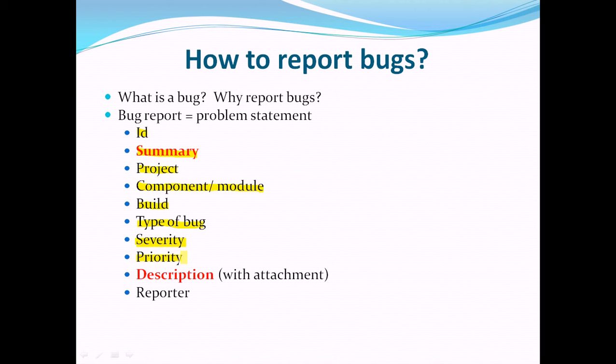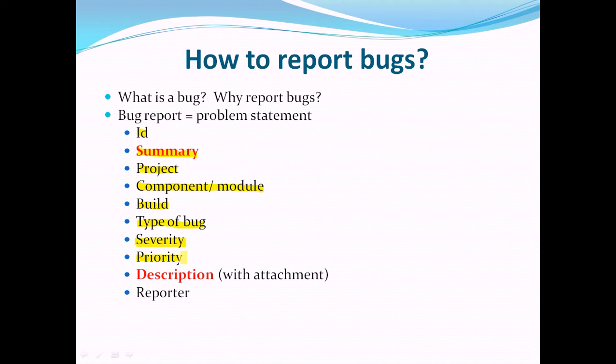An example of low severity and high priority can be, on the home page, the logo of your organization is incorrect. Now that is a very simple problem. It is not causing any data loss, or impacting any functionality, or causing any performance problems. But it has a high priority because it gives the incorrect message, because the logo is wrong.